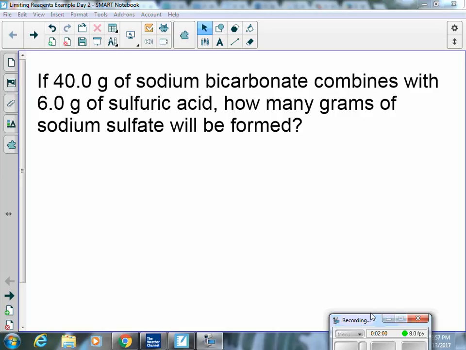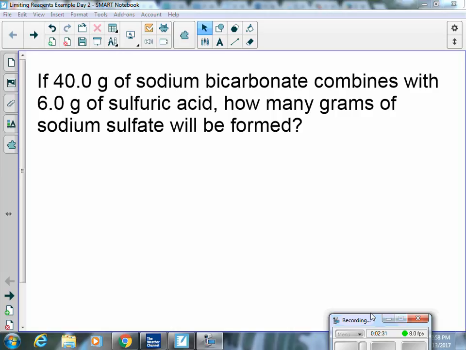Now, if I read my example here, 40 grams of sodium bicarbonate combines with 6 grams of sulfuric acid. How many grams of sodium sulfate will be formed? Well, do you think that 40 grams reacts exactly with 6 grams of sulfuric acid? No. One of them is going to limit the reaction, and one of them is going to be left over more than likely.